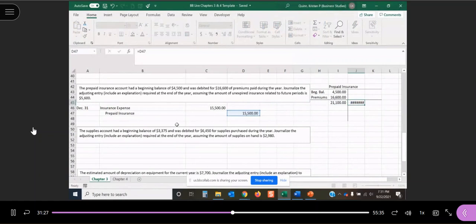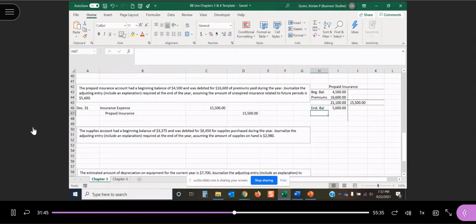So if we post that to our ledger here, we know opposites subtract. I'm now left with an ending balance in the account of what is actually unexpired at this time.